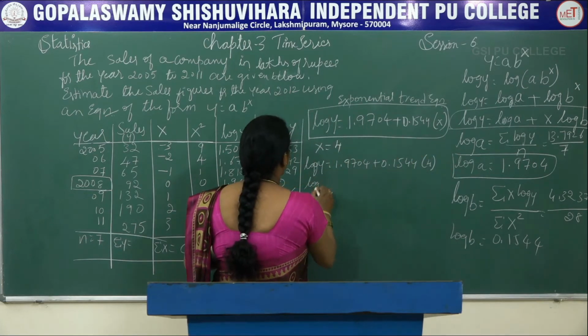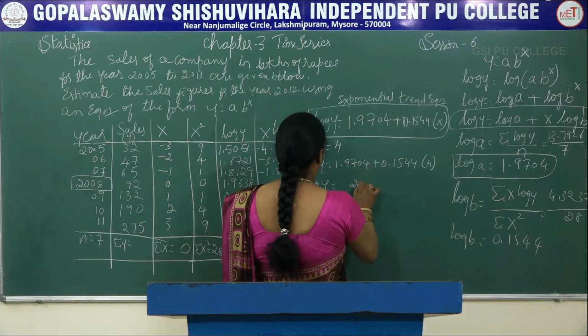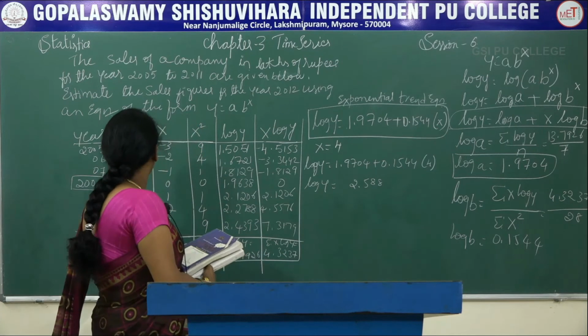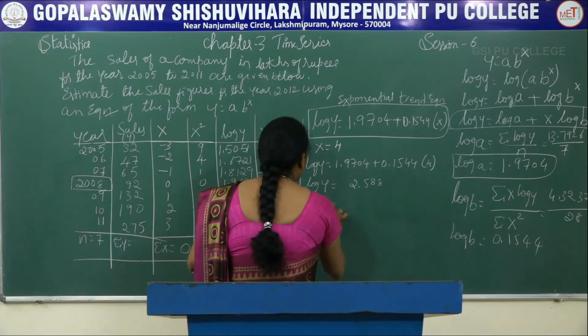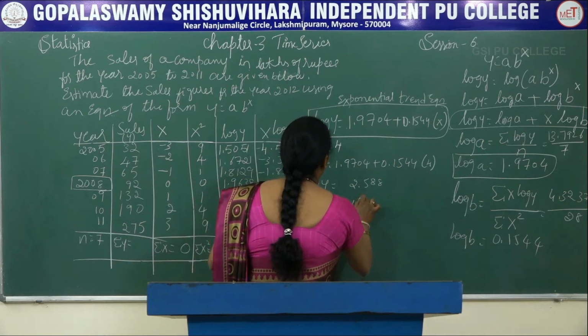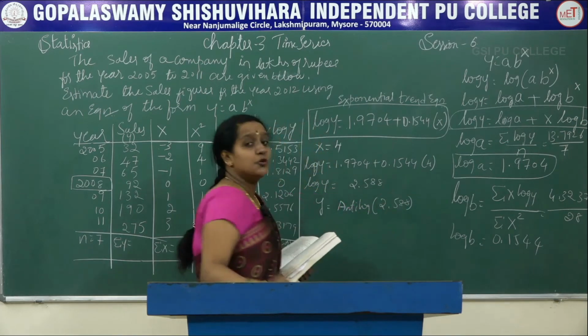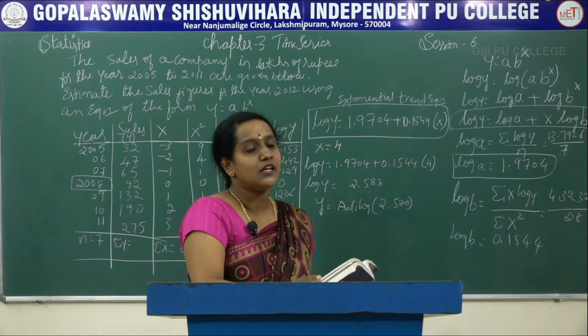So log y is equal to 2.588. But we want to estimate the sales in terms of y, so to find y, this log, if we shift it here, it will become anti-log 2.588. You know to find the anti-log using your scientific calculator.